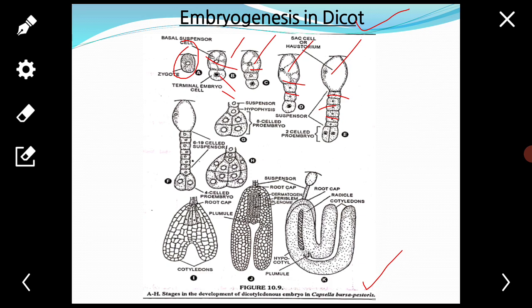Each of the two terminal cells of the tetrad stage of proembryo divides longitudinally, forming the 4-celled quadrant stage.